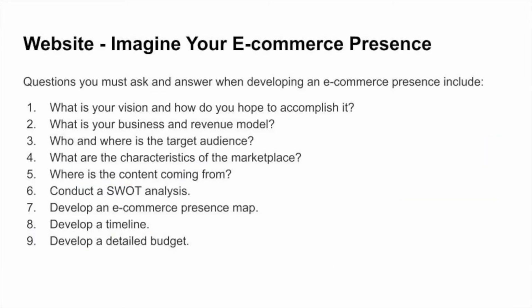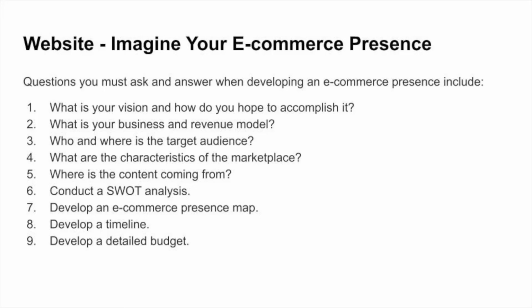So the very first thing we're interested in here is what is the process in order to make a website reality in your business. So we're going to take a look at the process in terms of a series of steps. We're going to think about what our vision is for the website. We're going to think about revenue models.